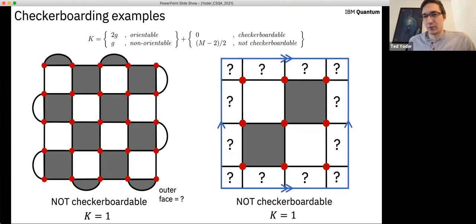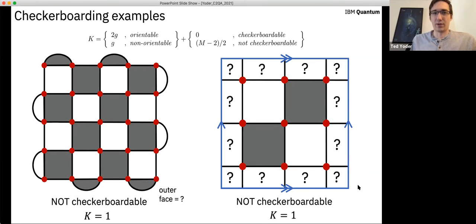We can also put square lattices on the torus that are not checkerboardable. In this case, it's like a 3x3 lattice. And so if I start trying to color the faces, I can start by coloring a face black, and then adjacent faces white, and then this one has to be black. But then I get to the question mark faces, and I don't know how to color those consistently.